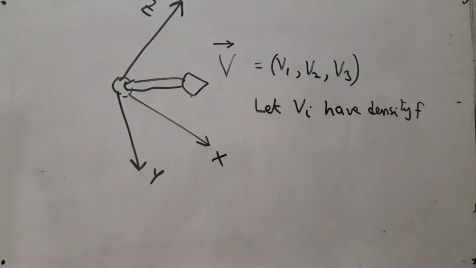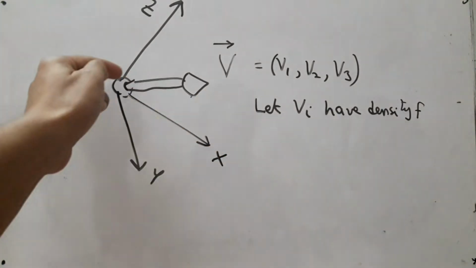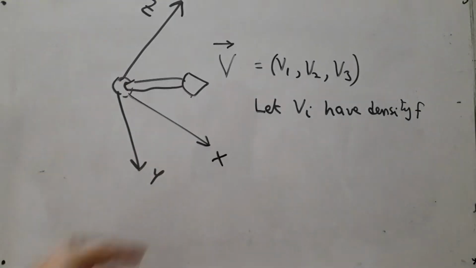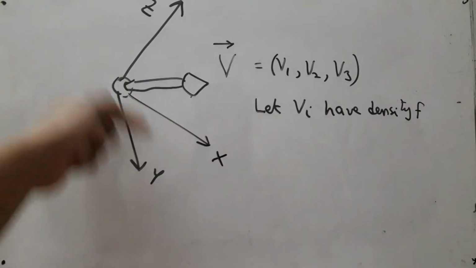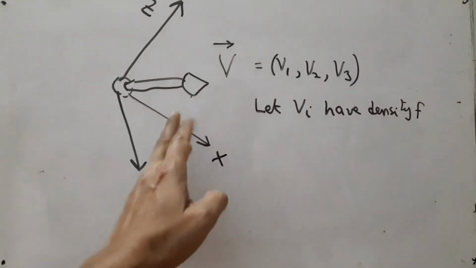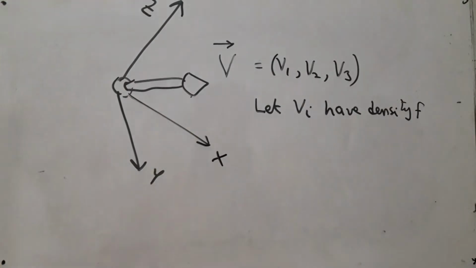Next, observe that all these directions are mutually perpendicular. As a result, V1 gives the component of V along this vector and V2 gives along a perpendicular vector. So V1 and V2, if you consider them as vectors along this direction and that direction, they do not have any common component. So the component of the V1 part along Y is 0. The component of V2 along X is 0.